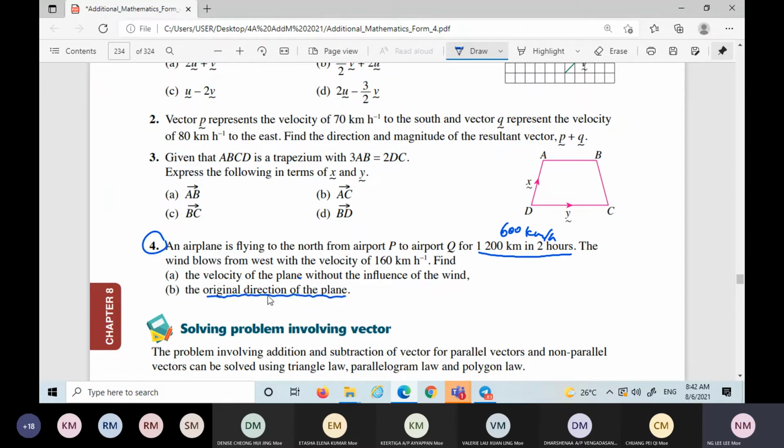They want the original direction of the plane. What's the meaning? Original direction. I'm also quite confused, this one. The velocity of the plane without the influence of the wind.